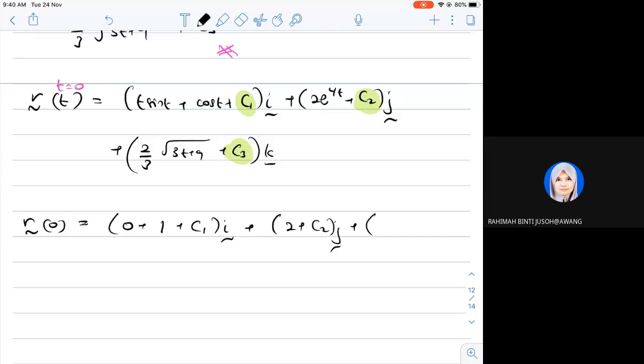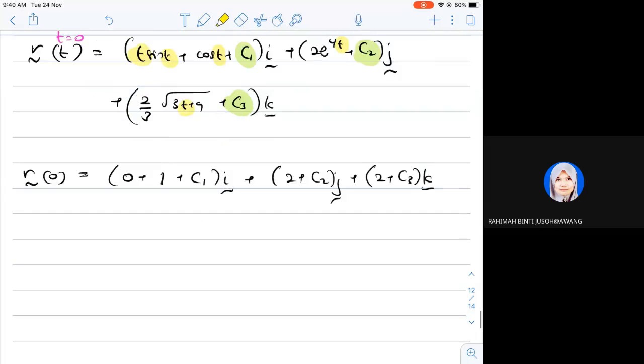the third component 2 over 3 square root 9. Square root 9 equals to 3, 3 cancel, so 2 plus C3. Understand, guys? I directly substitute t equals 0 here, this is 0, this is 0, here 0, right here also 0. So we get this.